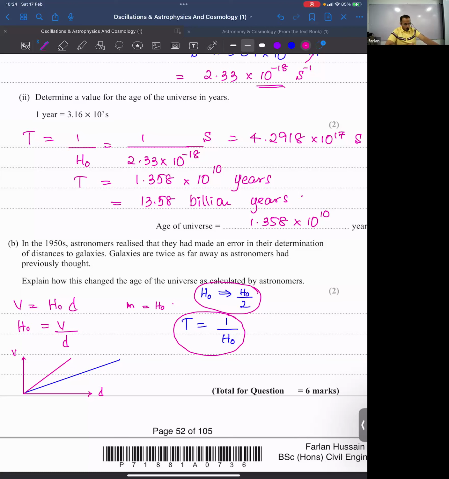Full stop. So the age of the universe they calculated is half the actual value. Yeah, that's enough.